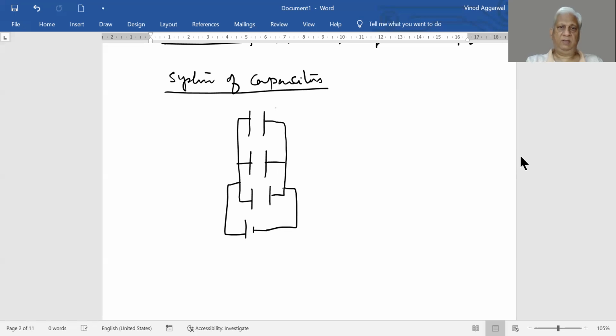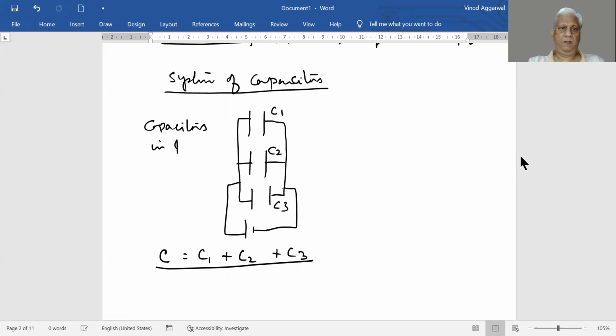Now, if the capacity of one capacitor is C1, this is C2, C3, then the resulting capacity is C1 plus C2 plus C3. This is capacitors in parallel.